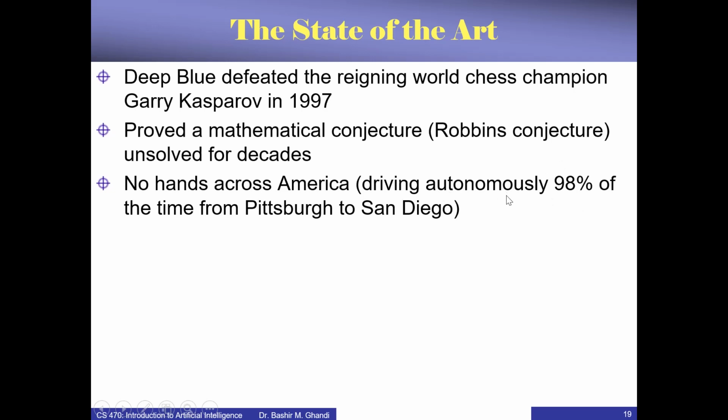The car drove itself for this much distance. Only 50 miles out of the 2,850 were not driven by the car on its own. So this was a big achievement, especially in the context of developing self-driving cars that are now becoming commonplace.